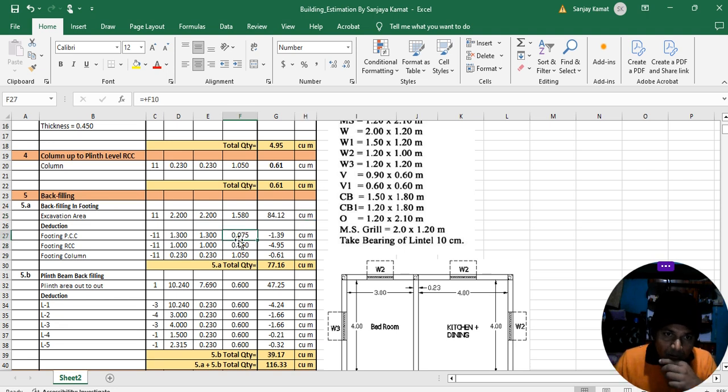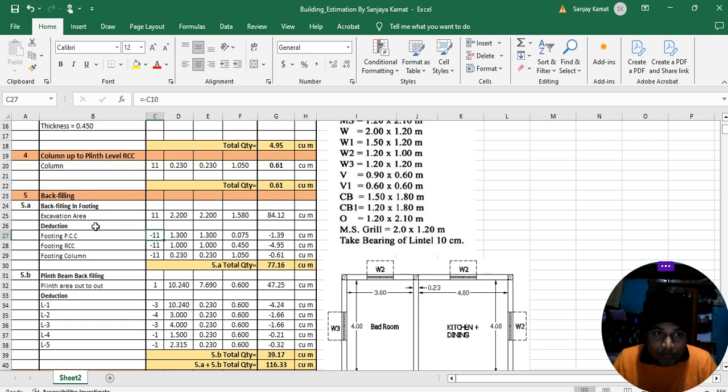Then the thickness, or depth, will be 0.075 meter. Footing PCC is minus 11 because deduction means we have to decrease the value, so we have taken the minus.